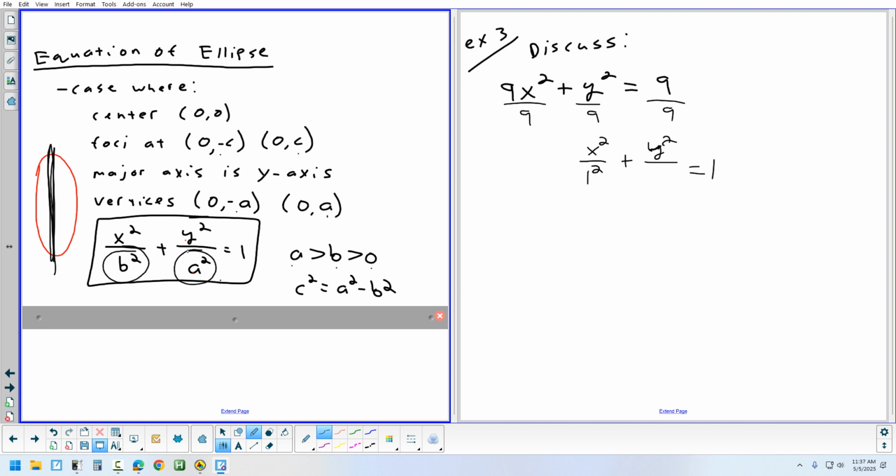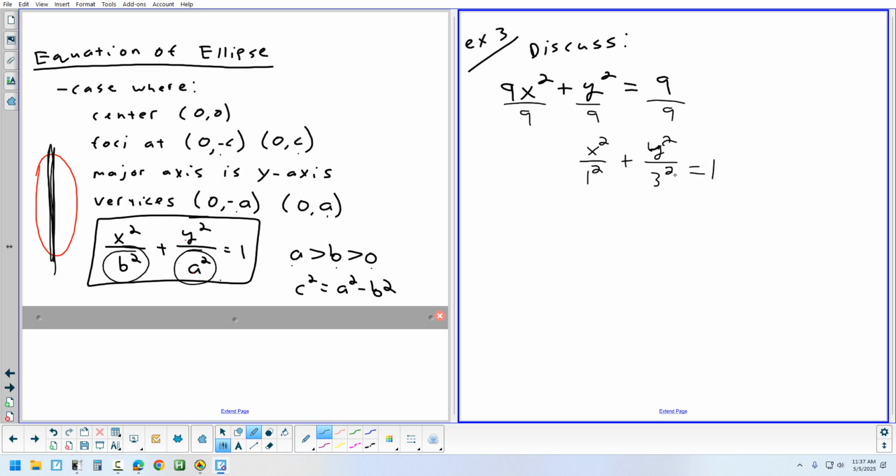So you could put 9, but it'd be even better if you recognize that it was 3 squared. Again, 9 is not wrong, it's just that's even better. Okay. So now we can identify a, b, and c. And then we can find whatever they want to know from there.